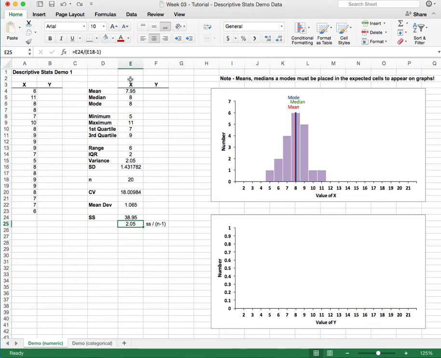Otherwise, if I just wrote E24 divided by E18 minus 1 without the parentheses, it would first divide E24 by E18, and then subtract 1 from that value. That's not what we want to calculate. We want to do n minus 1 first. So make liberal use of parentheses.